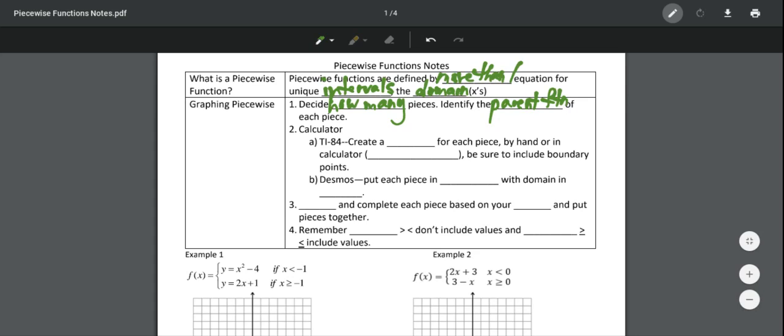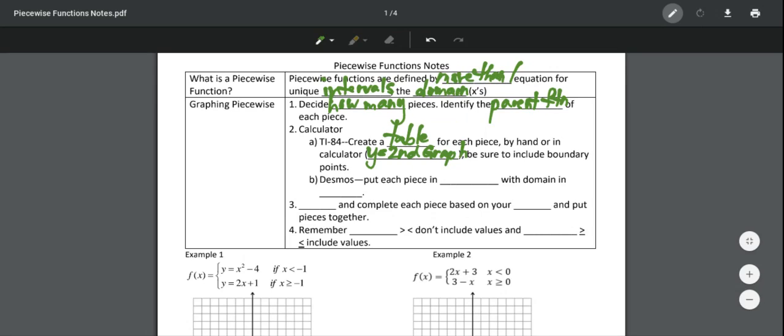In our calculator, which is our TI-85, we would create a table for each piece by hand, or in the calculator, we would do y equals, and we would do second graph to get the table.